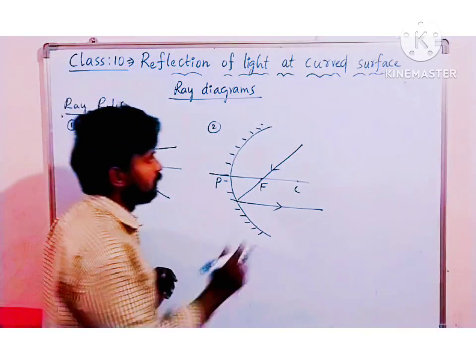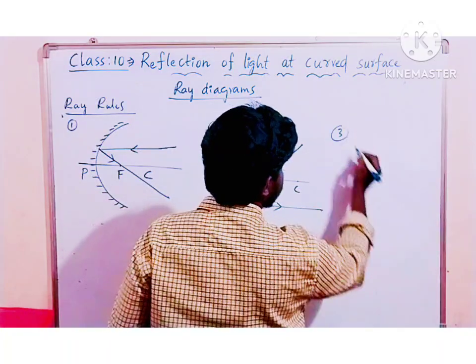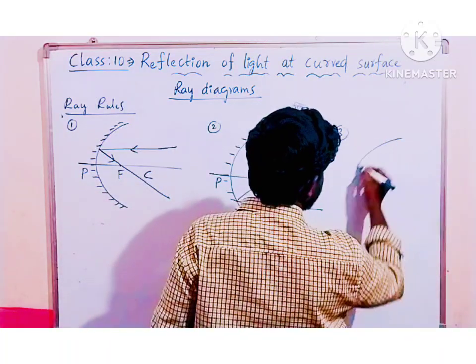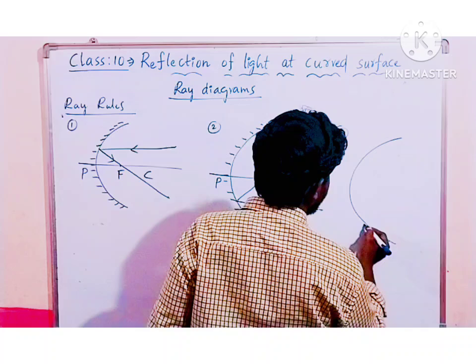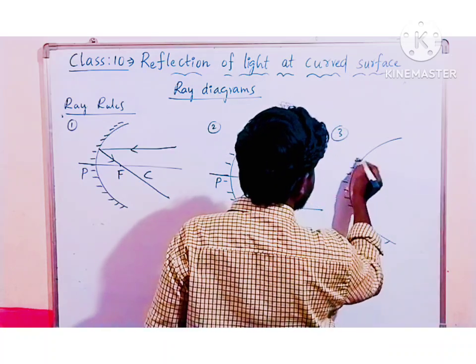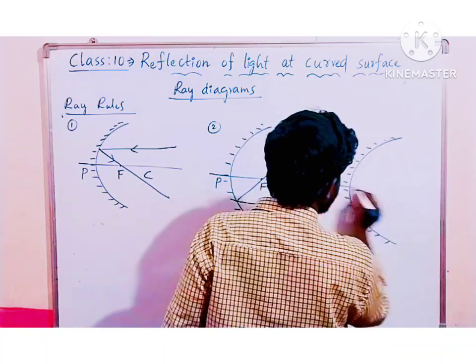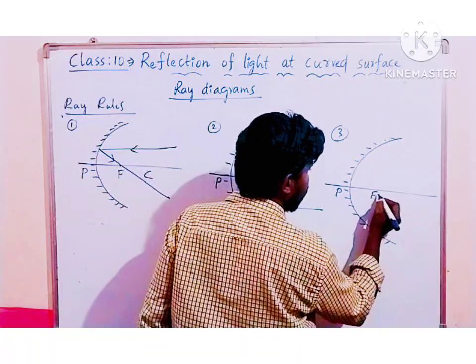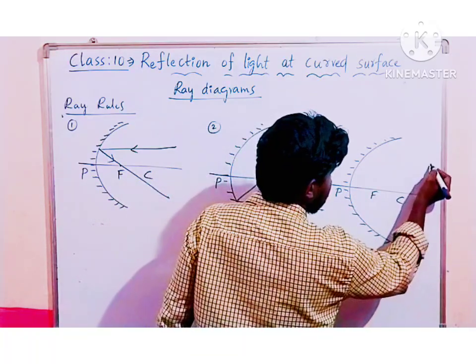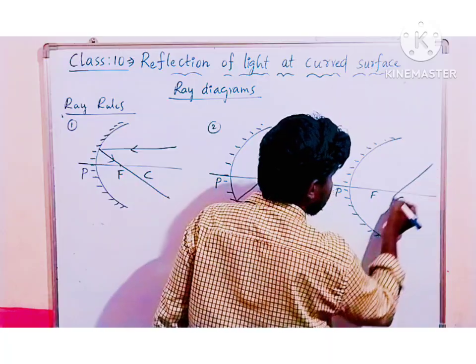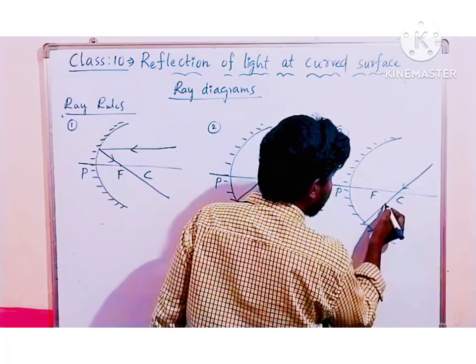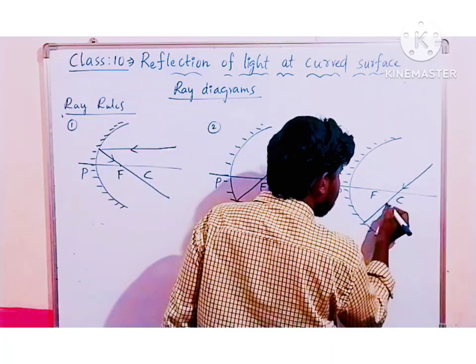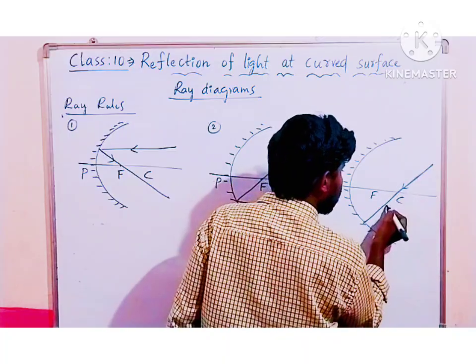Next, rule 3. When a light ray passes through the center of curvature, after reflection it returns along the same path. This is rule 3.